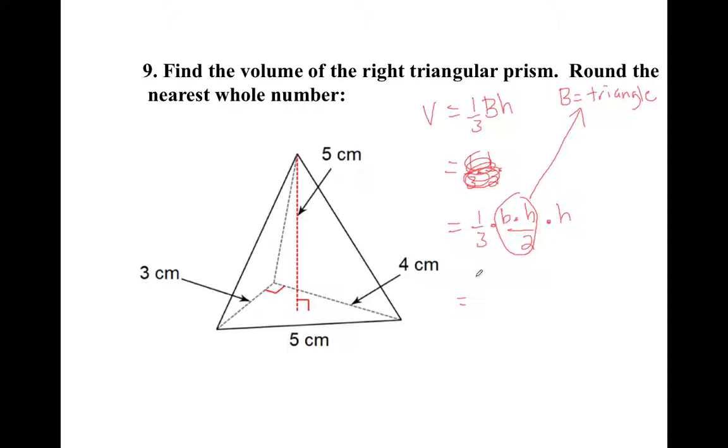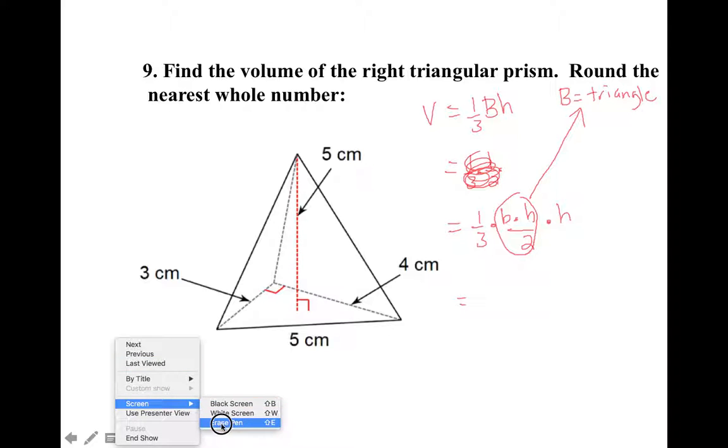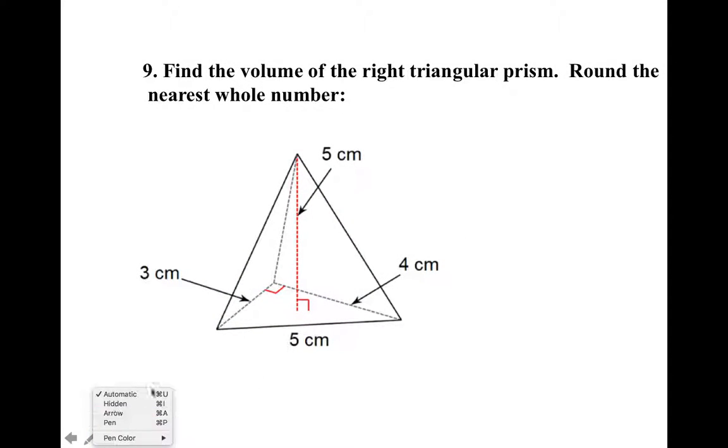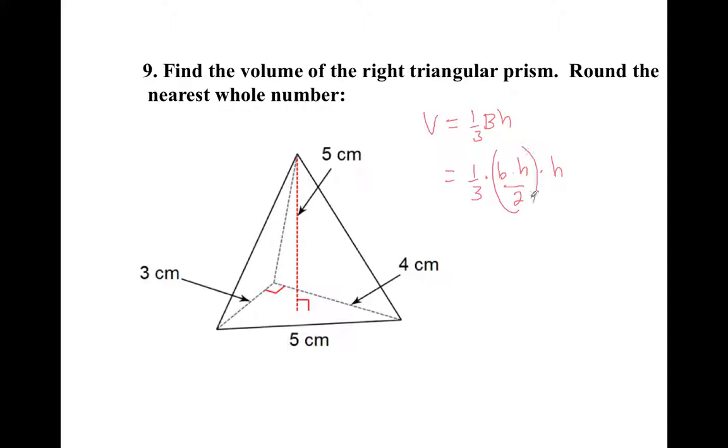And so now, if we go through and plug things in, we've got 1/3, and this times this divided by 2 times H. That means we get 1/3 times 3 times 4 divided by 2 times the height, which is 5.